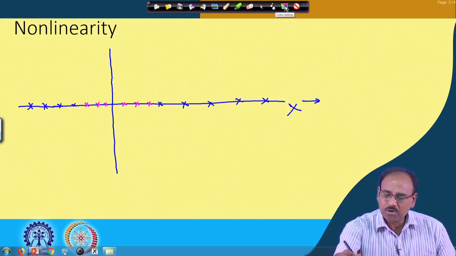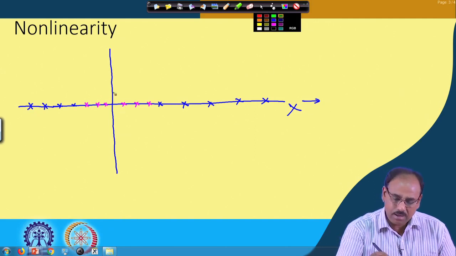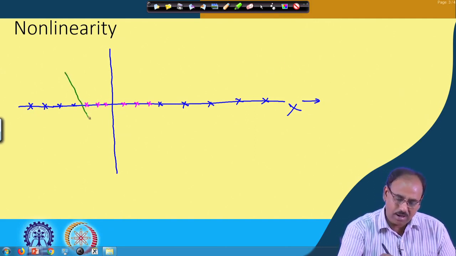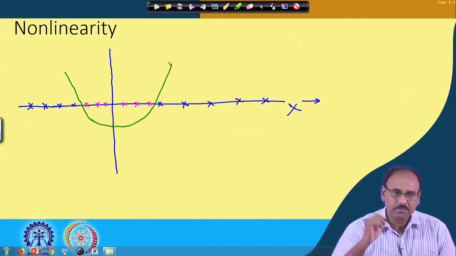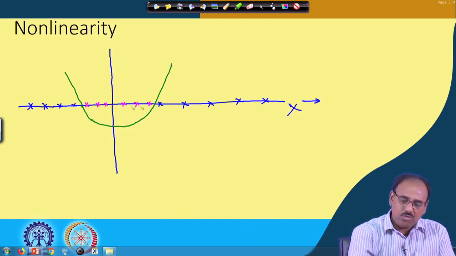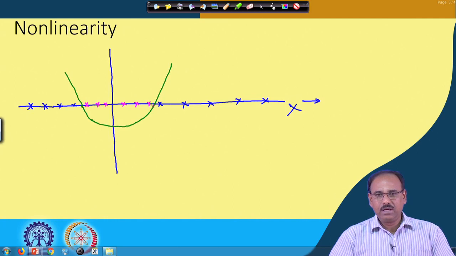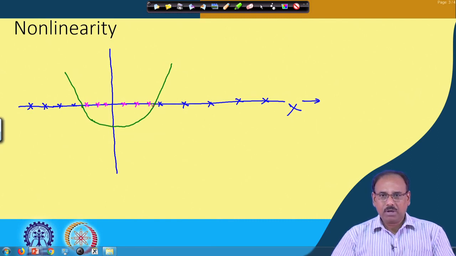I can of course separate them if I take a curve of this form. In other words, I have 2 points on this feature line using which I can separate these 2 classes. So, this becomes a nonlinear problem, not a linear problem anymore.